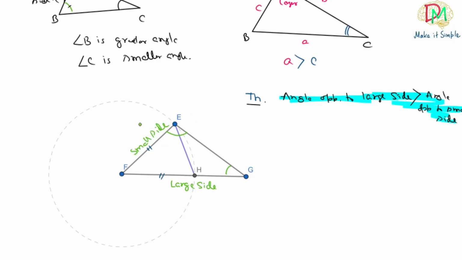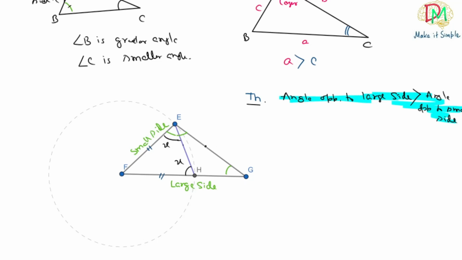For this, we construct an arc with radius EF which cuts FG at H. So you can say that EF and FH are equal sides. So EFH is an isosceles triangle. Okay. So if this angle is X, then this angle is also X, and this total angle is E and this is angle G.